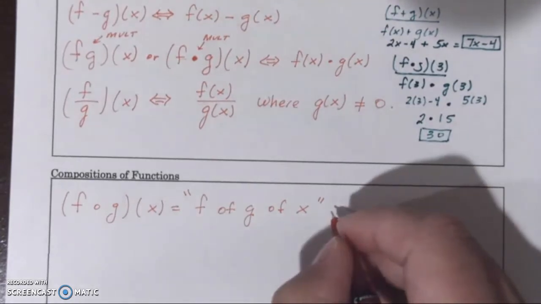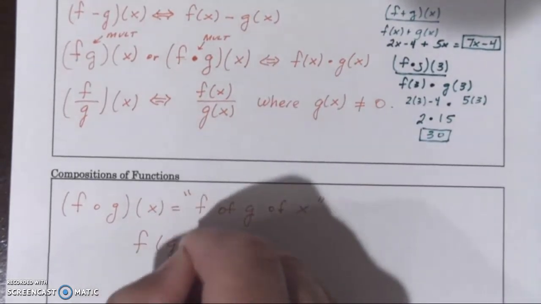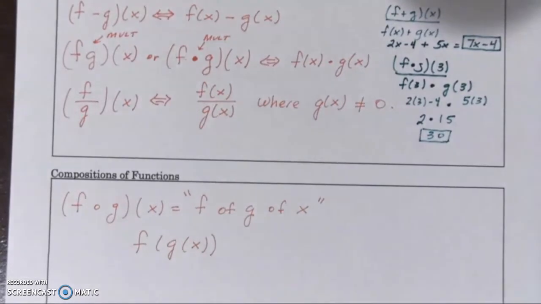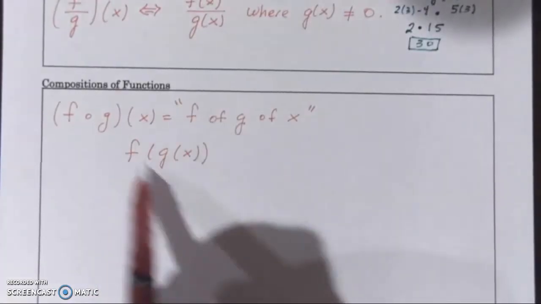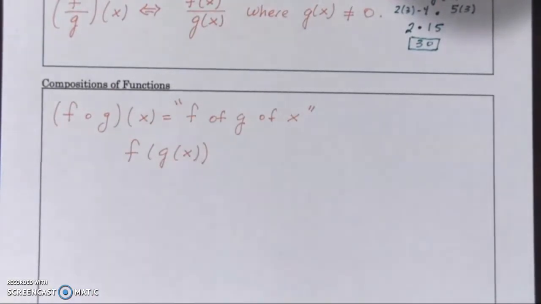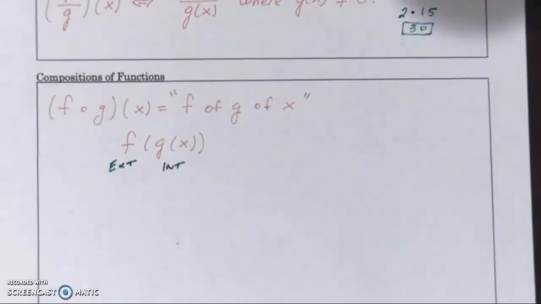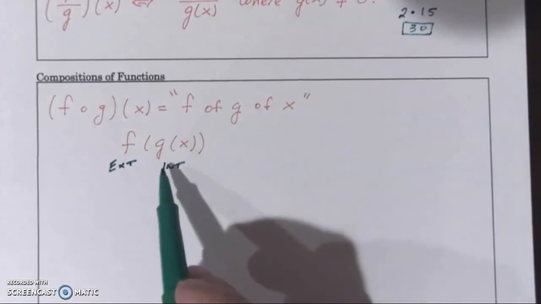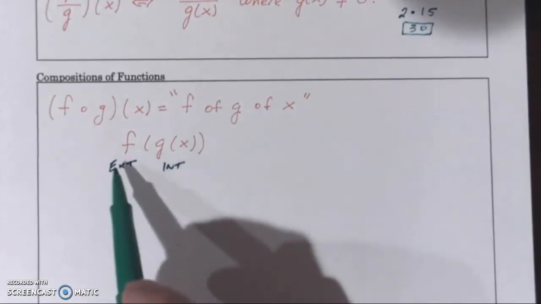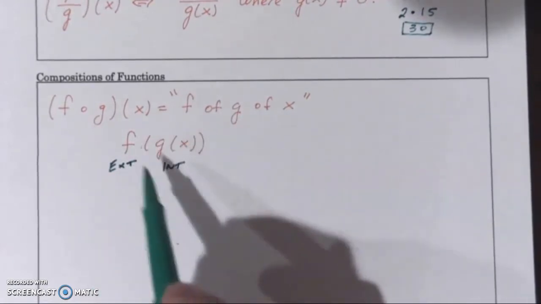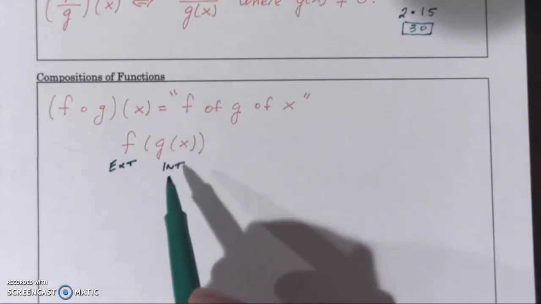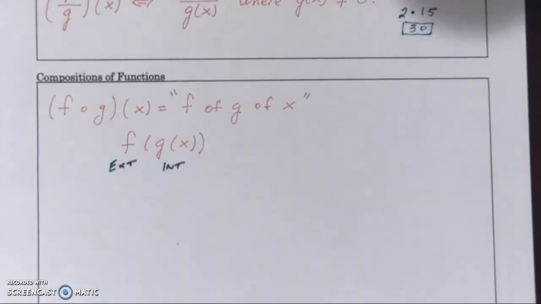Really, the first thing that I would suggest is turning it into this type of written notation, where we have an interior function and an exterior function. In this case, our interior function would be g of x. Our exterior function would be f of x. We're always going to start by evaluating the interior function. So how do we compose a function of another?